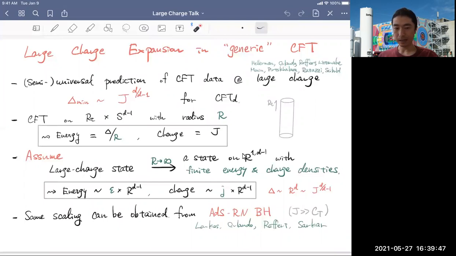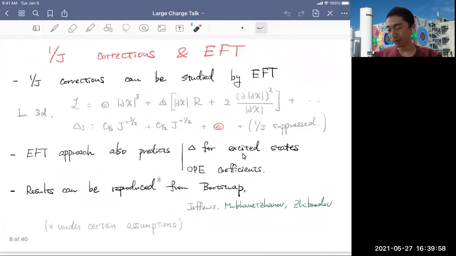But of course, we can do better than this leading prediction, and that's basically the key point of the large charge expansion. The idea of getting the 1/J correction is to write down the effective field theory. In particular, in 3D, if you assume that you have one scalar degree of freedom in this large charge limit, then you can systematically analyze the large charge EFT.